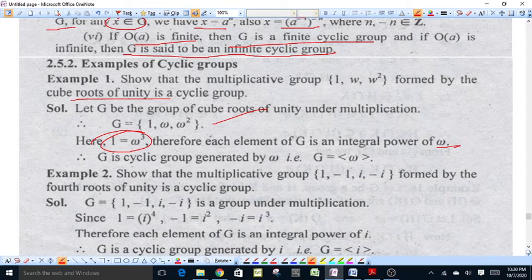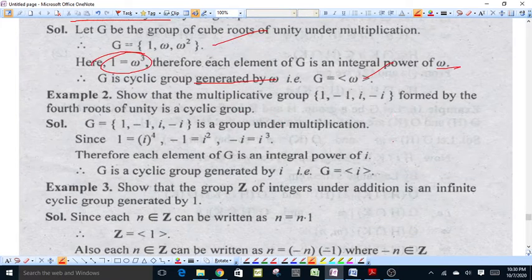Therefore, G is a cyclic group generated by omega. Every element of G can be written as integral powers of omega. First element 1 will be equal to omega cube. Second element omega will be equal to omega raised to power 1, and third element will be equal to omega raised to power 2. That is, G is generated by omega.